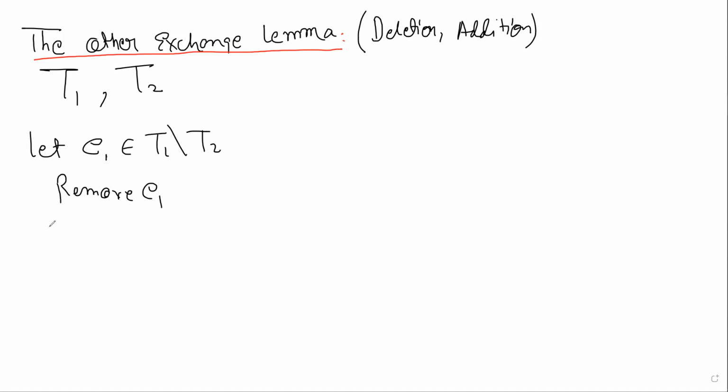Now we are saying that we can find something from T2. We can find an E2 in T2. This looks stronger, huh? So there was an excess and we were able to remove it. This is the other way.